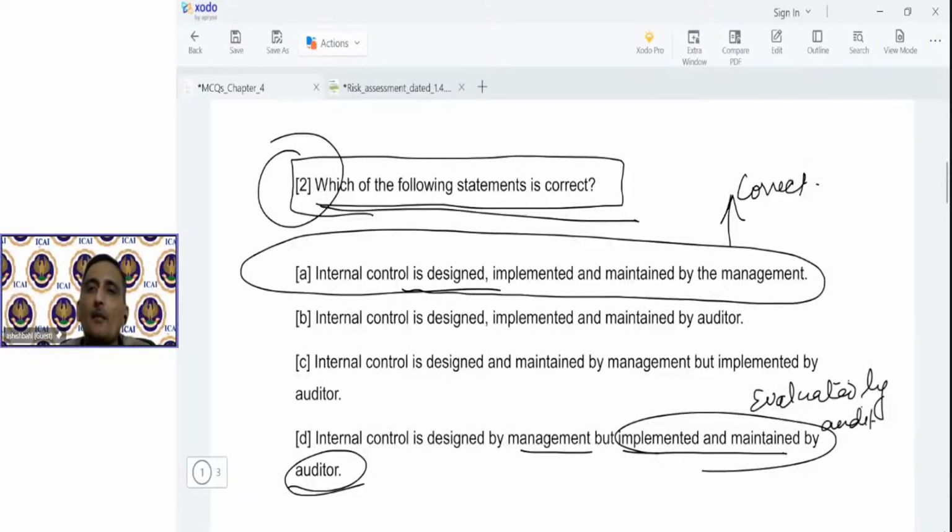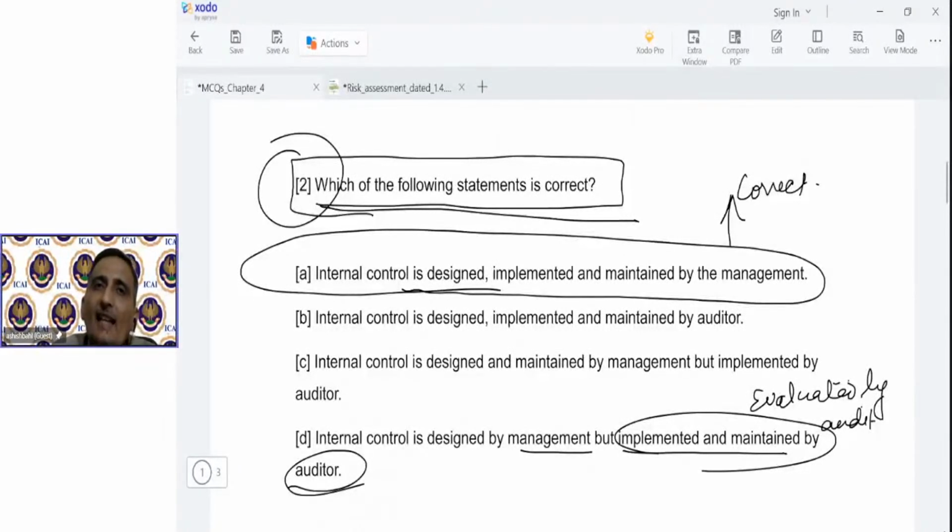Internal control is a system which is created and designed by the management, and management is responsible for upkeeping it, implementing it and maintaining it. This is a totally management function. You would not say that financial statement preparation is also the responsibility of the auditor.